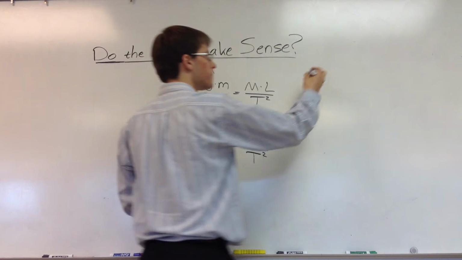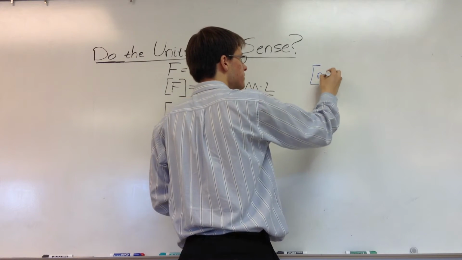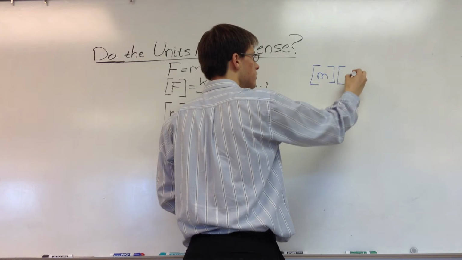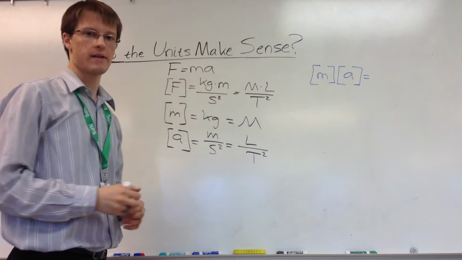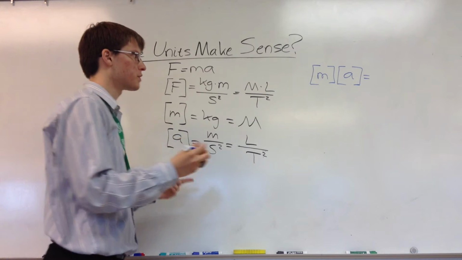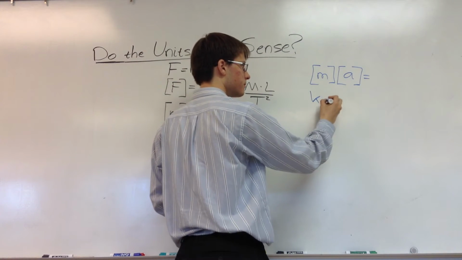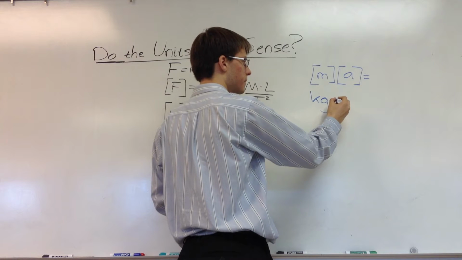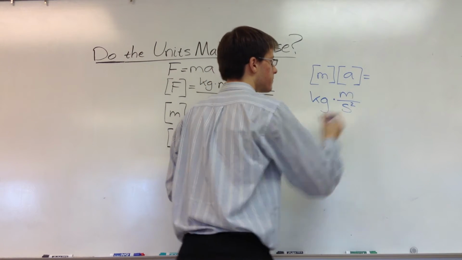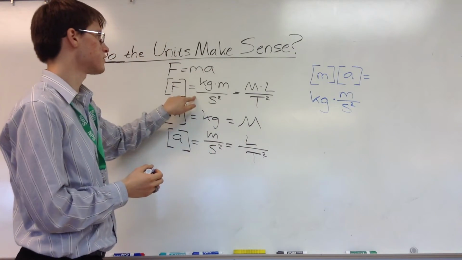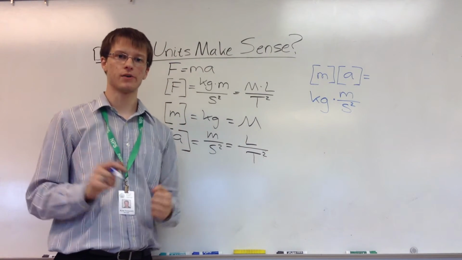Our second term is mass times acceleration. So we have to find the units of mass times acceleration. Well, the units of mass are kilograms, and it's being multiplied by the units of acceleration, which are meters per second squared. And this certainly matches this, which means we are all set.